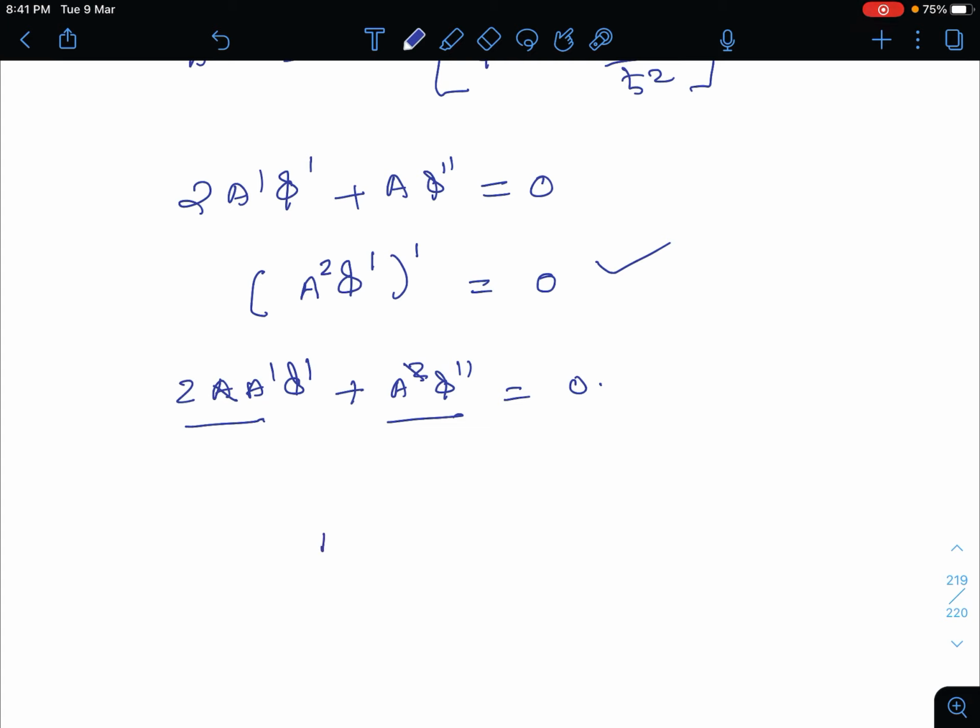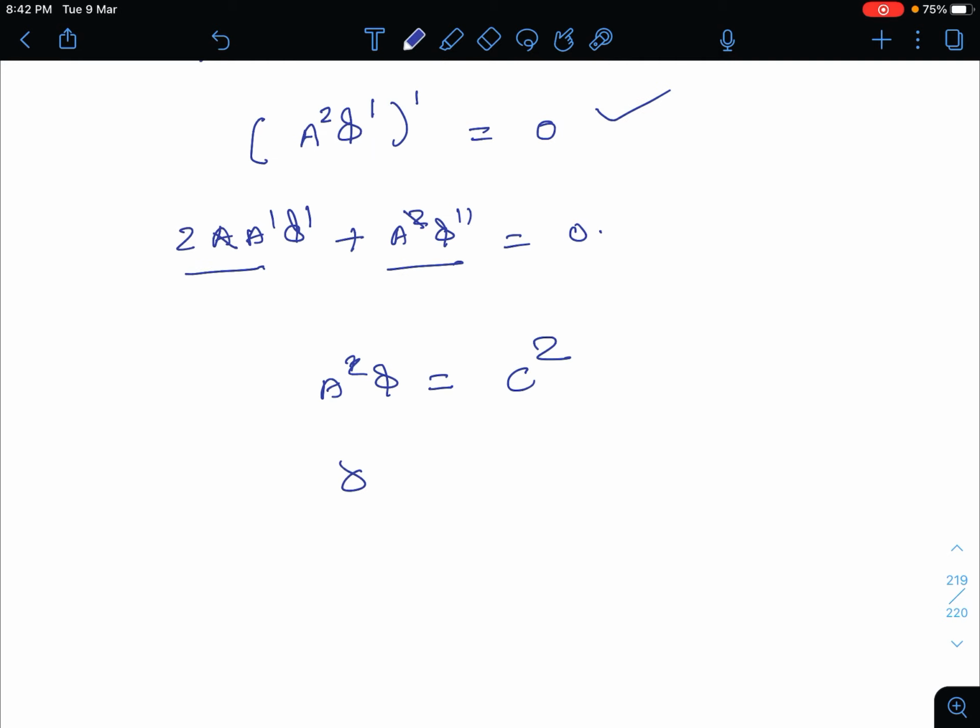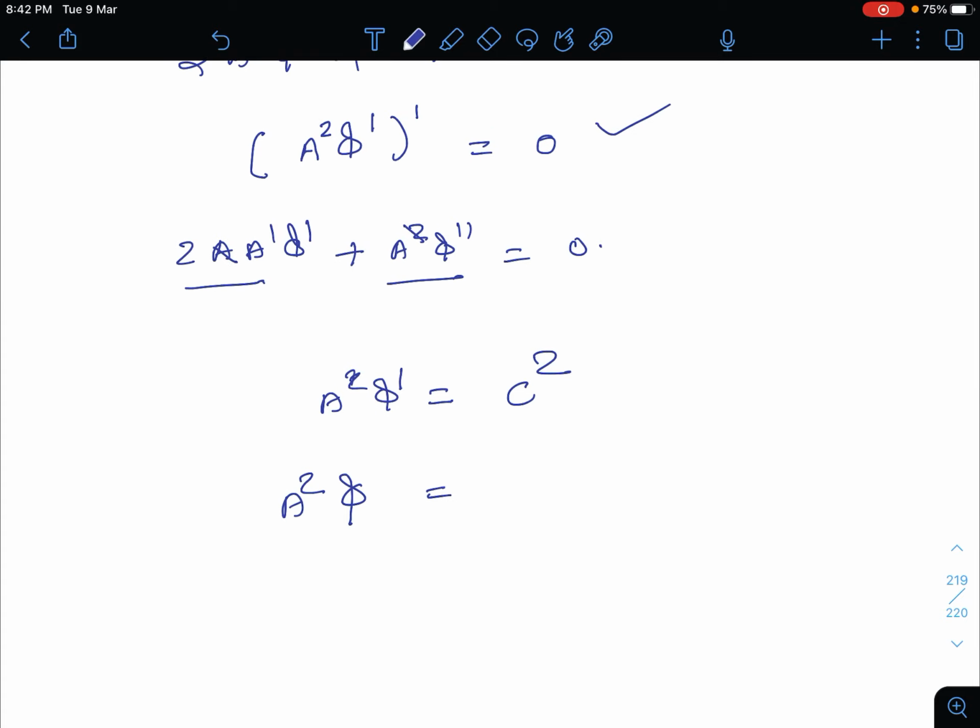Now a square phi dash is equal to some constant. So a square phi dash is equal to c square.